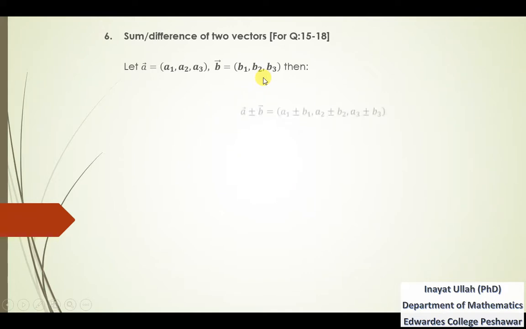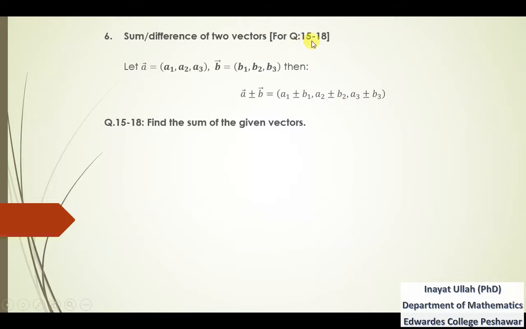How could we find the sum and difference of these two vectors? This is a very simple topic. We just need to add or subtract the corresponding components. Addition and subtraction of first components, comma, second components, comma, third components. So that is the summation, or we may say the sum and difference of two vectors.